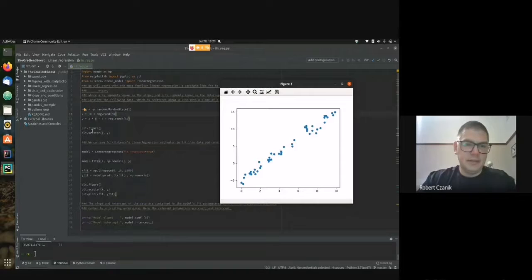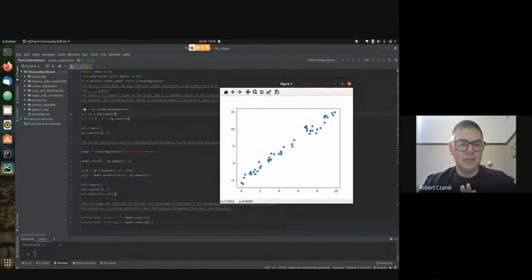Okay, so this is the figure that I'm plotting here. X against y. X is our randomized points from 0 to 10, and y is the straight line figure plus then the randomized extra term that I add at the end. So this is our simulated data set.